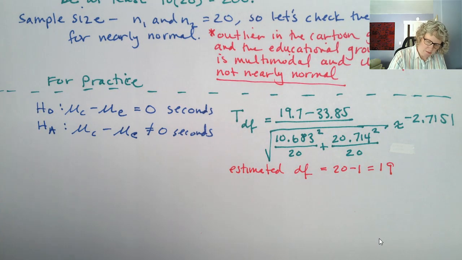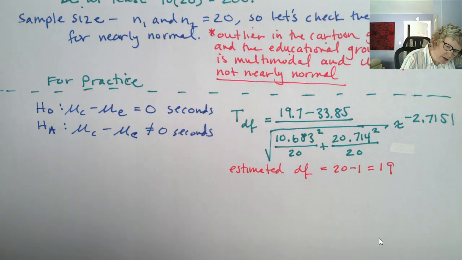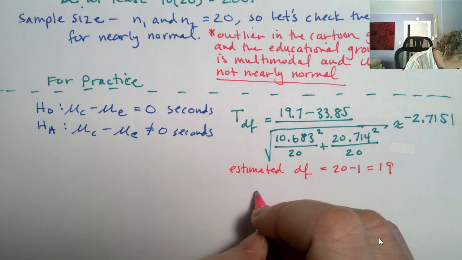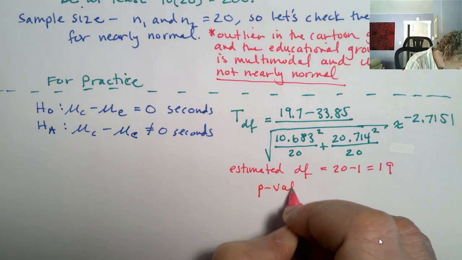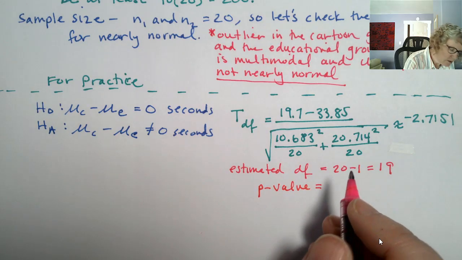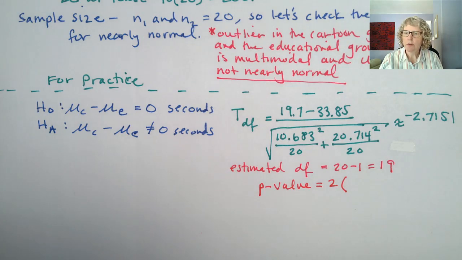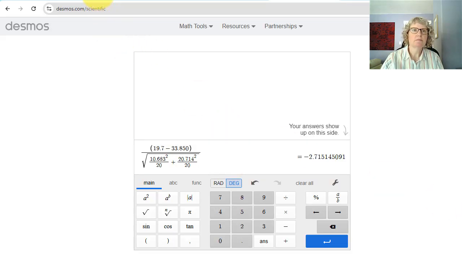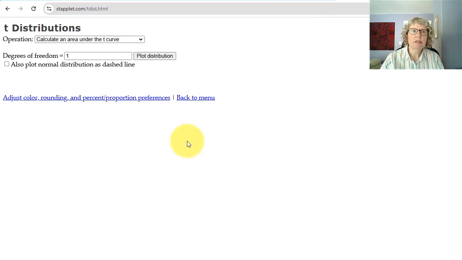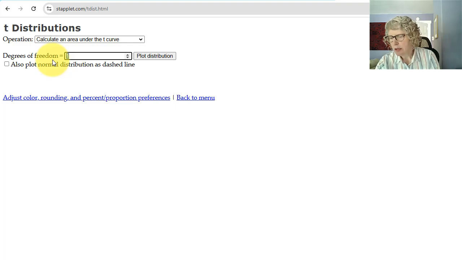Let's find our p-value for that. So estimated p-value, and it's going to be 2 times, because it's a 2-tail. Let's go over to our t-distribution. We're going to put this into our t-distribution, and this is negative, right? So we're going to go to the left. We want degrees of freedom 19.